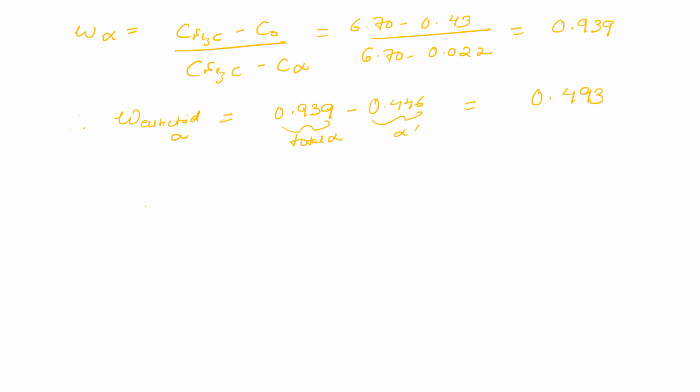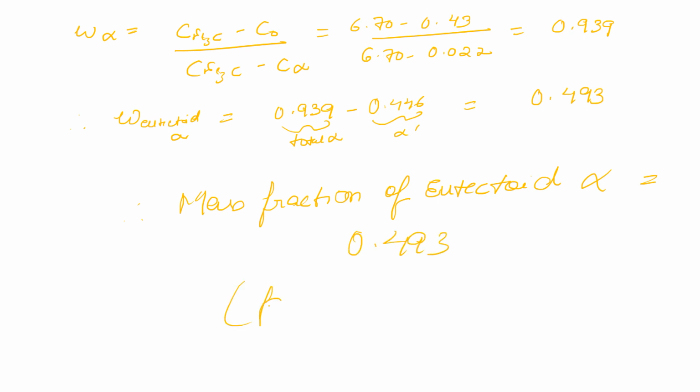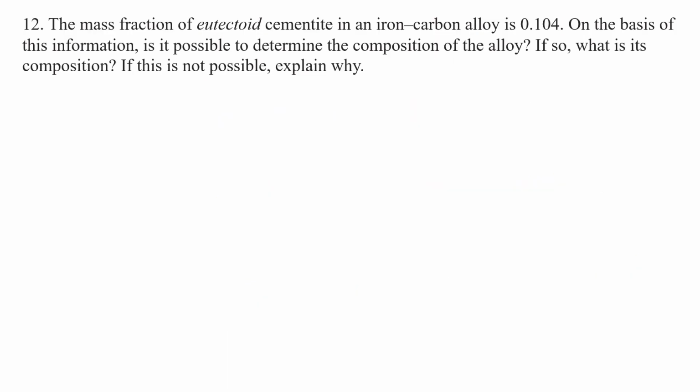Therefore the mass fraction of eutectoid alpha is 0.493, and this is present in the pearlite, and the alpha that is outside of pearlite is the pro-eutectoid alpha. Okay. Great.